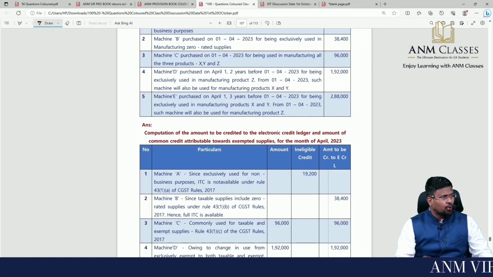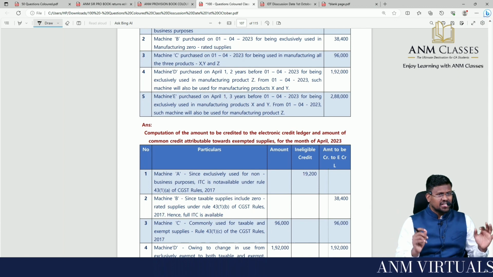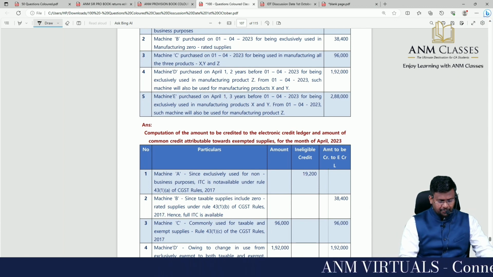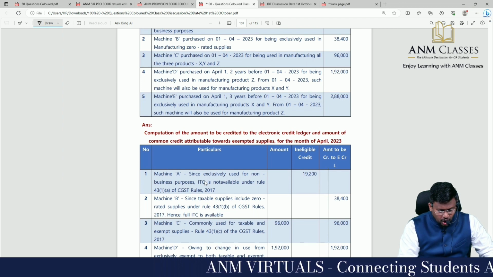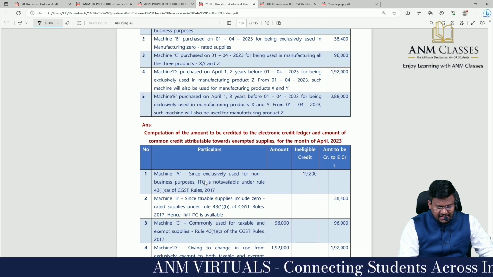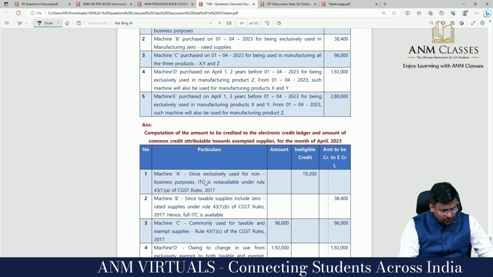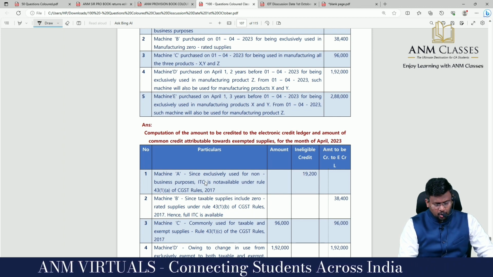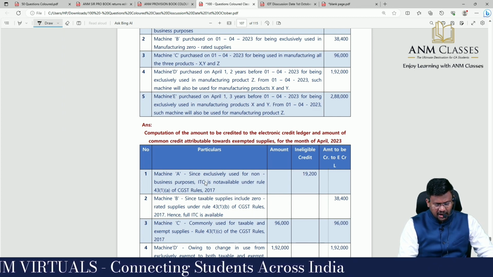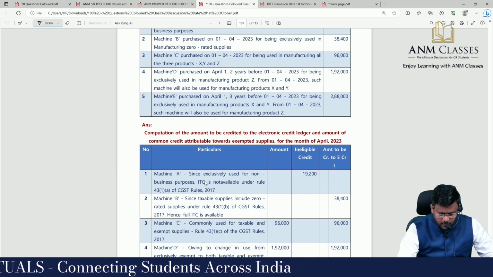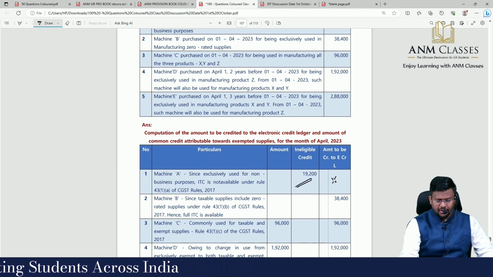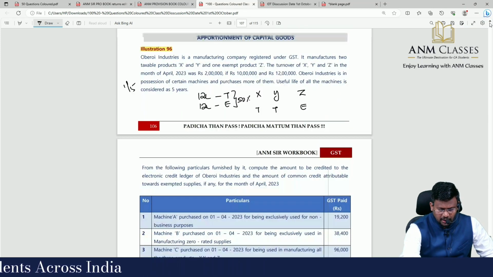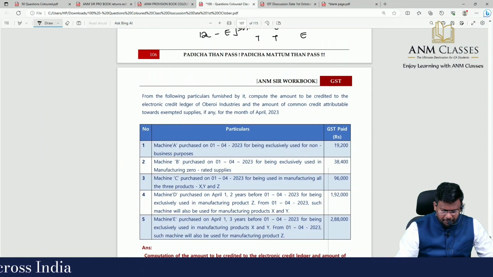For machine A, since it is exclusively used for non-business purpose, ITC is not available under rule 43 sub rule 1 clause A of the CGST Rules 2017. This will be termed as ineligible credit. It will never go to the ECL. That's it with the story of machine A.